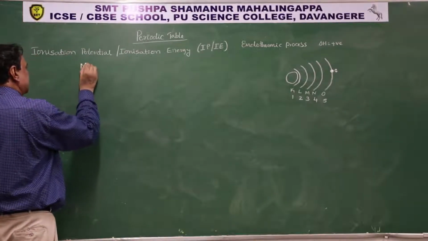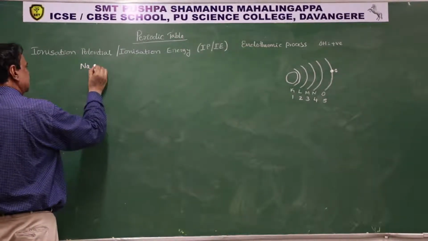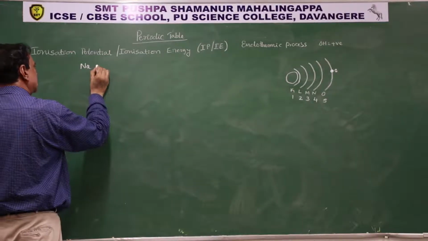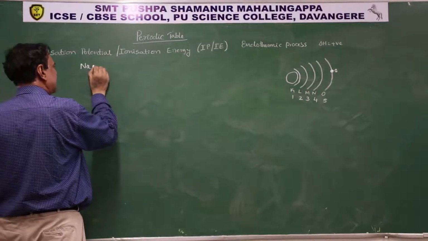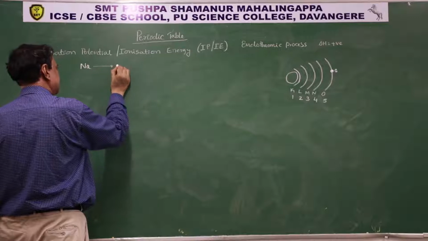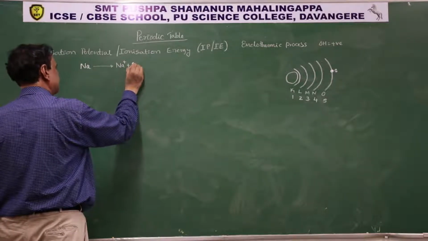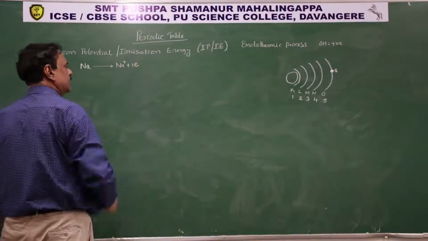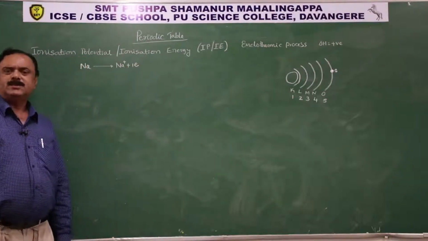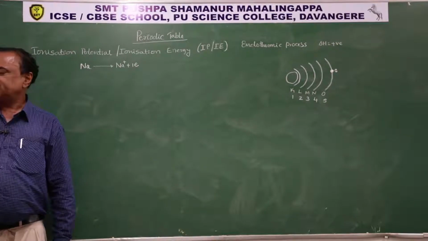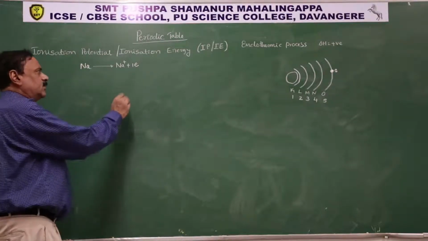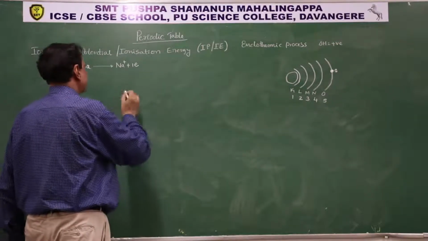For example, in sodium, can we remove an electron very easily? The first electron, then we can convert it into Na plus. The amount of energy is required.